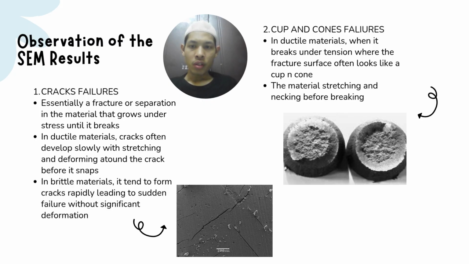In brittle material, it tends to form cracks rapidly, leading to sudden failure without significant deformation. Second, cup and cone failure. In ductile material, when it breaks under tension, the fracture surface often looks like a cup and cone, the material stretching and necking before breaking.